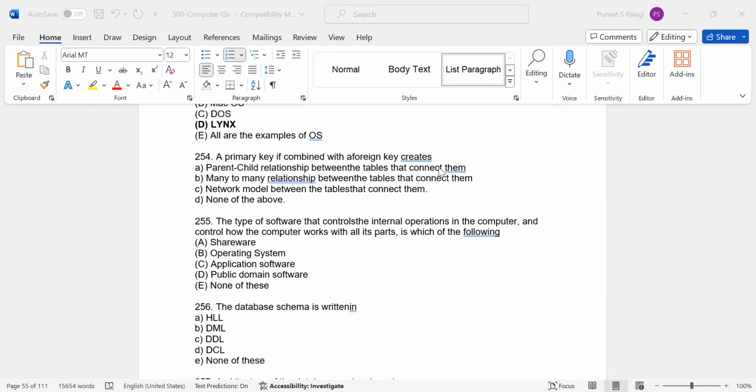A parent-child relationship is a type of hierarchical relationship between two tables, where one table is the parent, related to one or more records in another table. So the right option is option A.